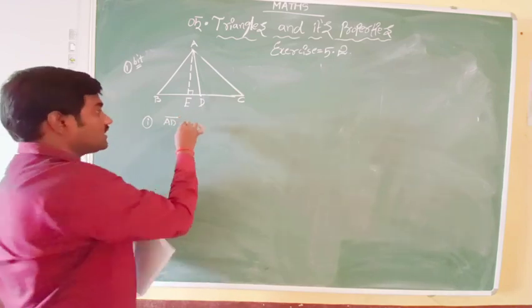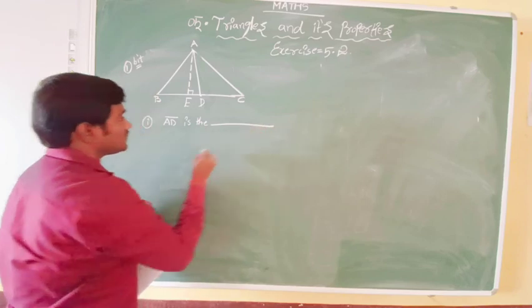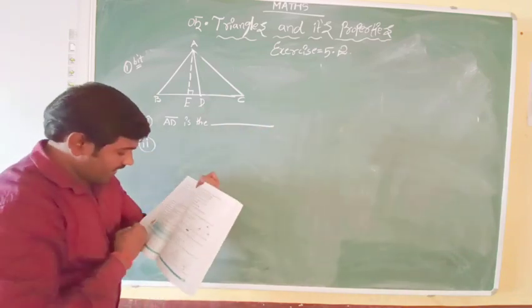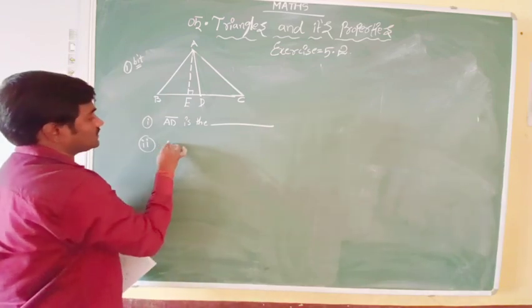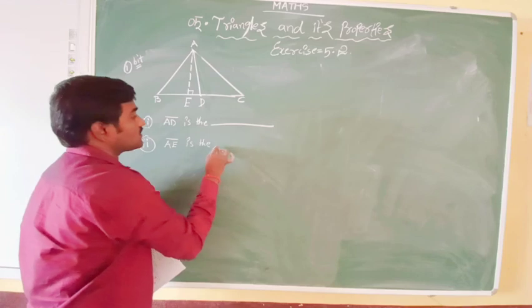AD is the dash and AE is the dash. Can you identify? Can you tell what those are?